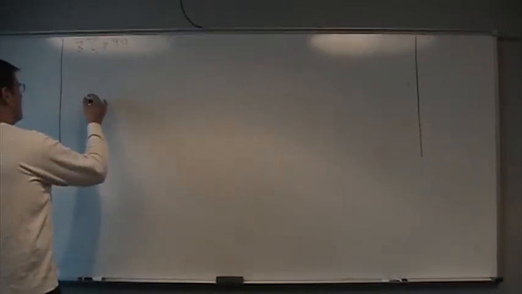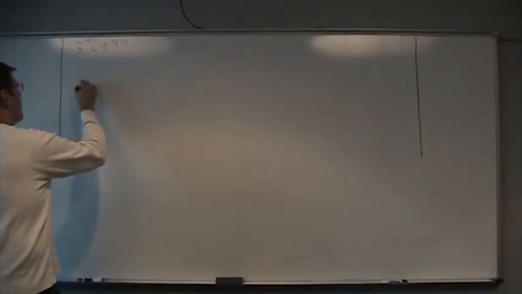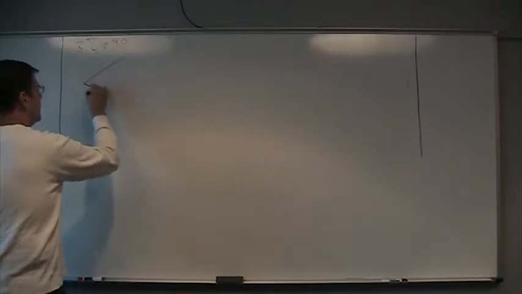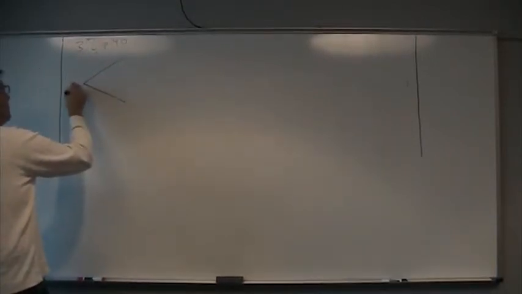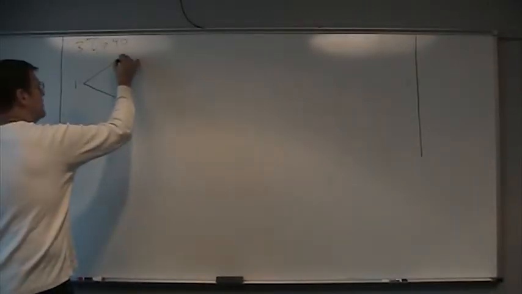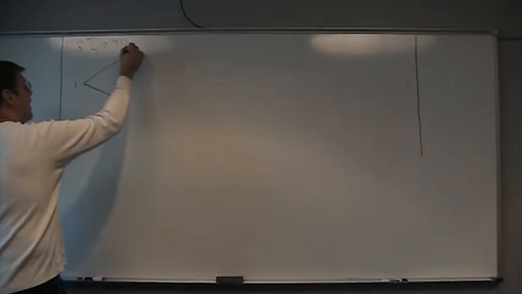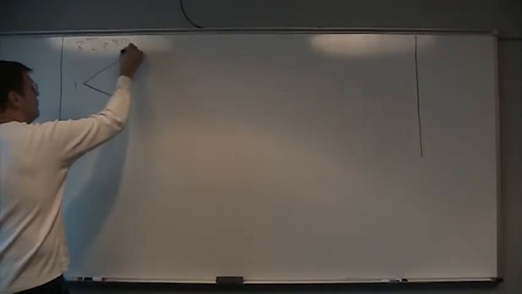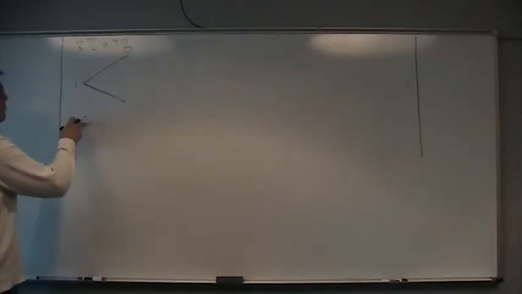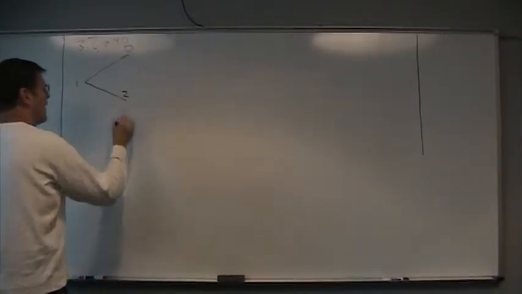So for this problem, it'll be a little bit easier to think about this one as a tree, using a tree diagram. So we're going to start off with our original cell. So we've got 1 cell at that point. The cell is either going to die or it's going to split, and both will survive. So if it dies, then we're down to 0 cells, and if it splits, we've got 2.